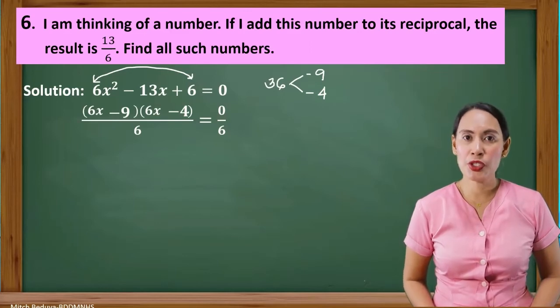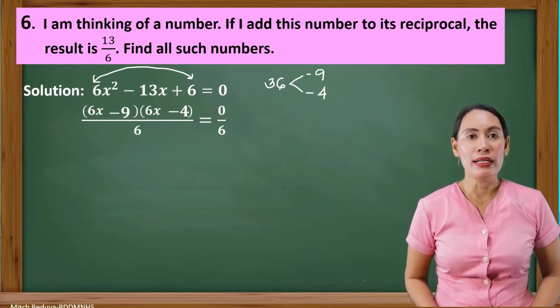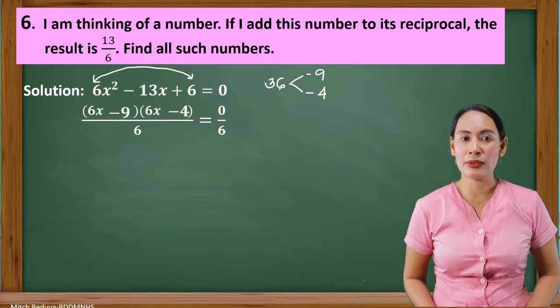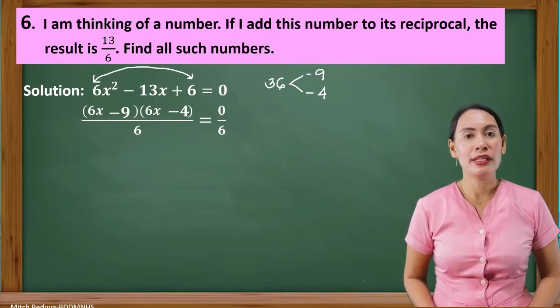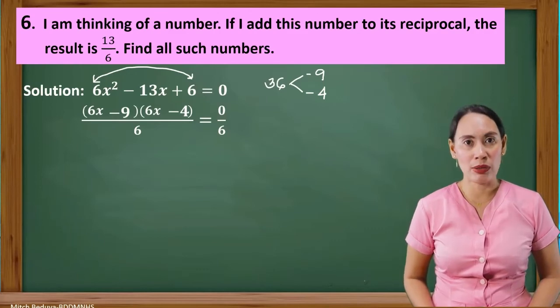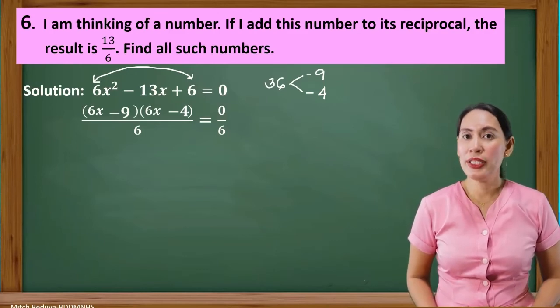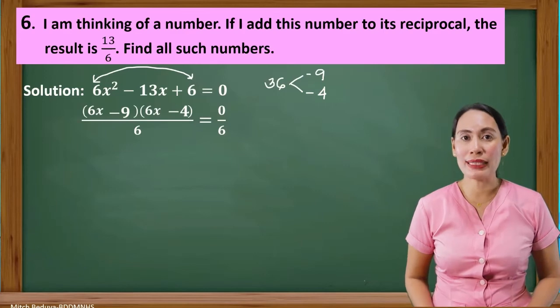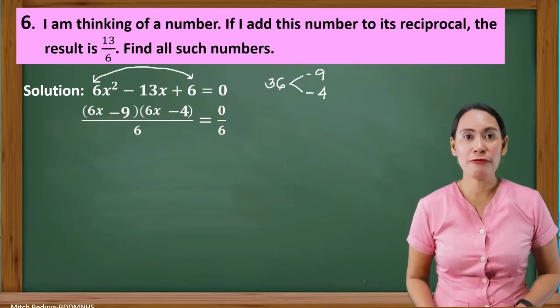Then, the equation is now the quantity 6x minus 9 times the quantity 6x minus 4 equals 0. Then, we divide by 6 both sides of the equation and factor out the numerator.